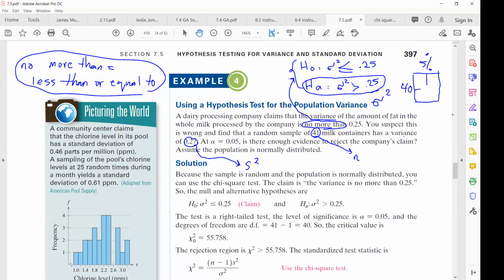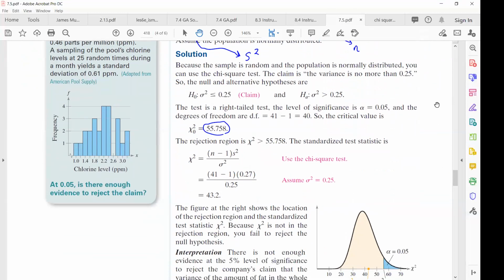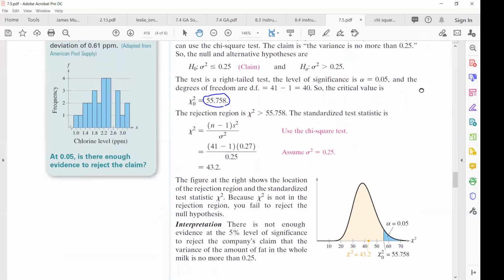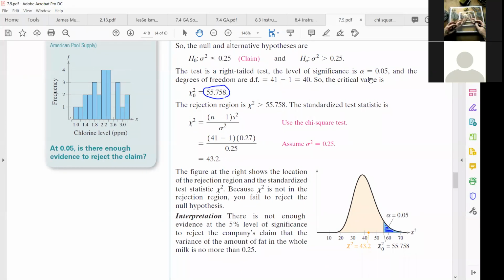We find the intersection between these two in the chi-square table, and we find the critical value to be 55.758. You have a right-tailed graph, and the critical value is 55.758. The rejection region is on the right-hand side. On the left-hand side, you have a non-rejection region.